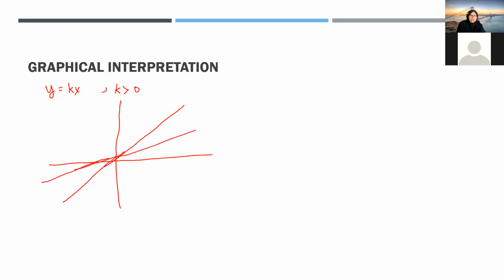The key point right here is as long as it goes through the origin. So it is like a line that goes through the origin.